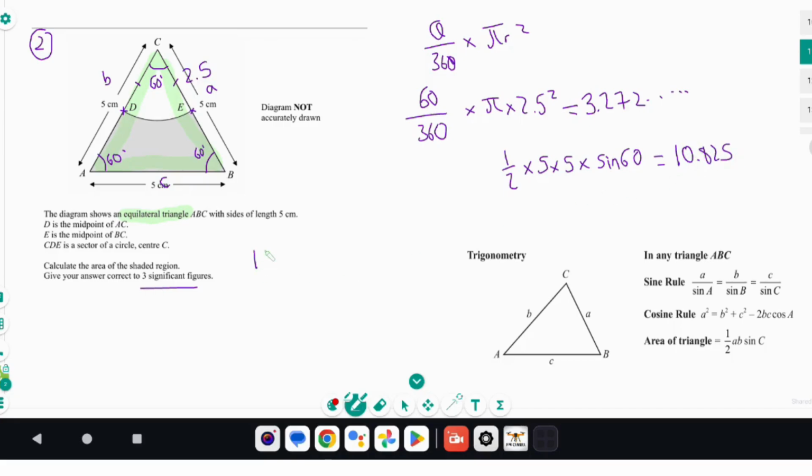So the shaded region is 10.825 minus 3.272. Or you can use the whole answer on your calculator for the 10.825 because you've got that saved. Again, you just don't want to lose accuracy, which is 7.55 to three significant figures.